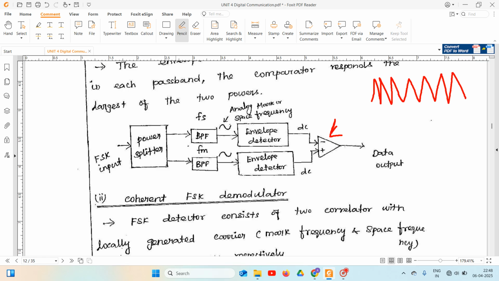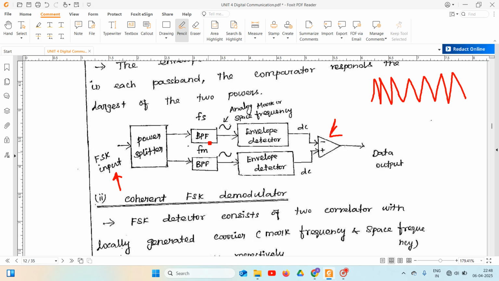The power splitter splits the power of the FSK input and feeds the signal to the band pass filters. For example, the first band pass filter receives the space frequency, and the second band pass filter receives the mark frequency.